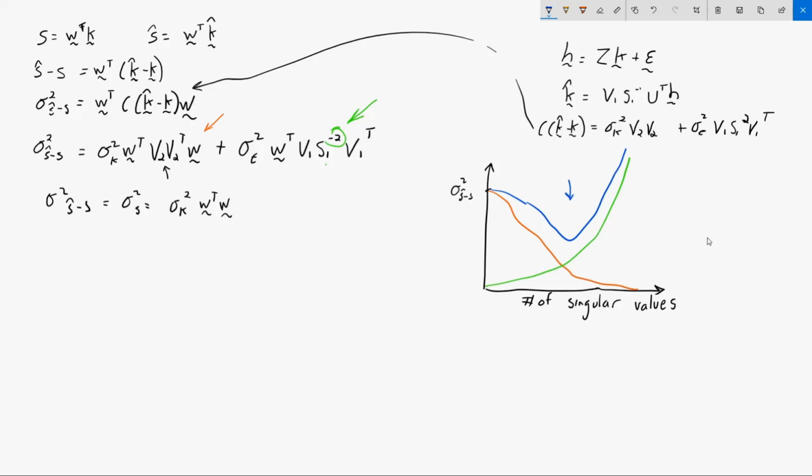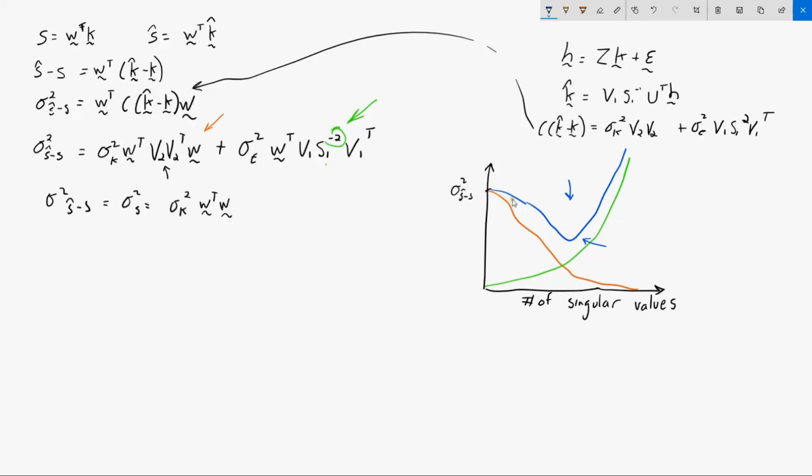If I go beyond this point, the singular values get small, the inverse of the singular values gets large, and my potential for error in any prediction I make rises rapidly. This is the point here at which overfitting starts. So, too few singular values, I don't get enough information out of the data, I don't get a good fit with the data.